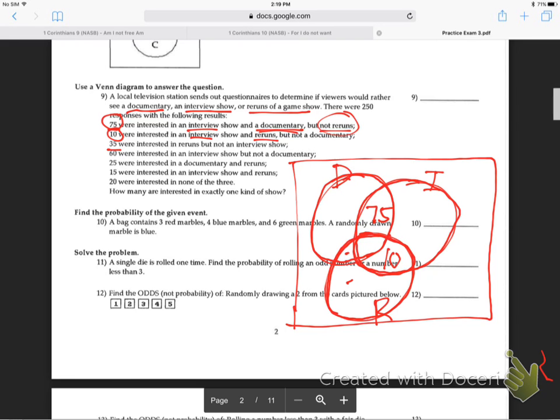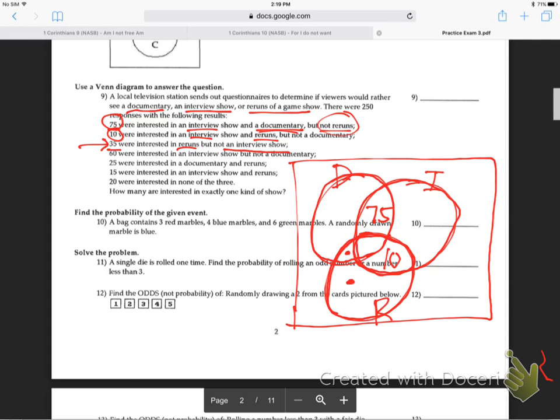And it's saying those 2 total 35. So I don't know either one. I got to move on for now. I got to come back to that 35 later. If I had one of those 2 numbers, then I could figure the other one because they total 35. Does that make sense? It's this and this must total 35 because they're both in the R circle. They're reruns and they're not in the I circle. But I don't have either number, so I got to move on. So let me put an arrow just to remind myself to come back.